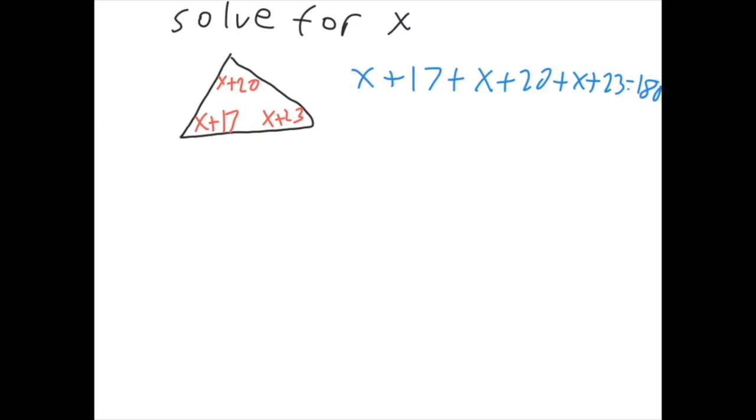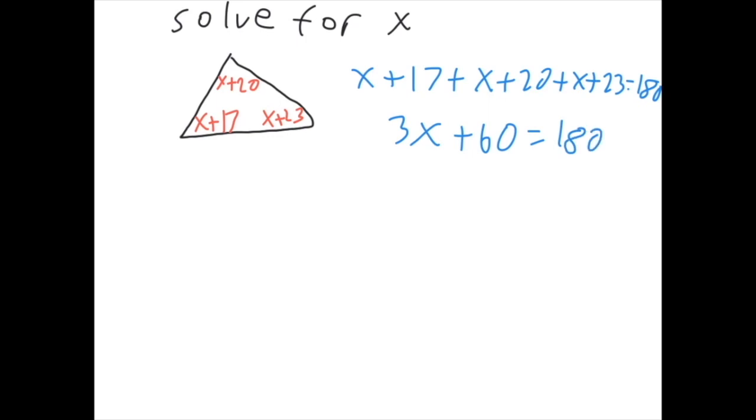So, combine like terms. So, x plus x plus x is 3x. 17 plus 20 is 37. Plus 23 is 60. So, plus 60 equals 180.